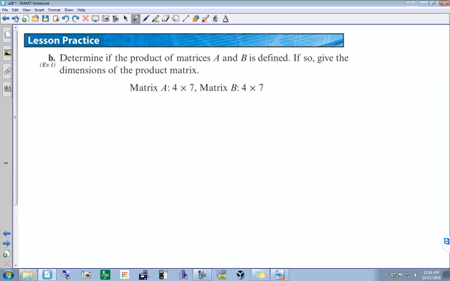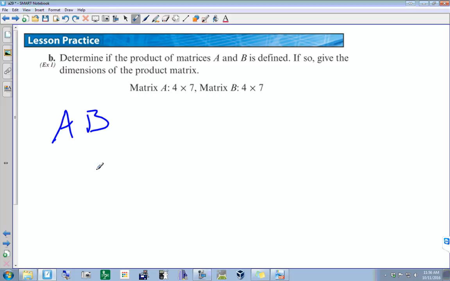So, does this one work? If I flip it? But if I just want straight out A and B, does it work?